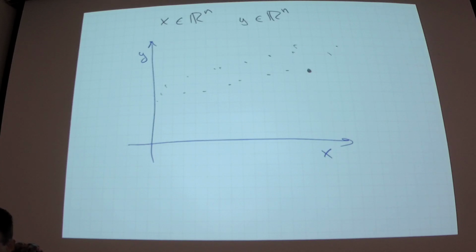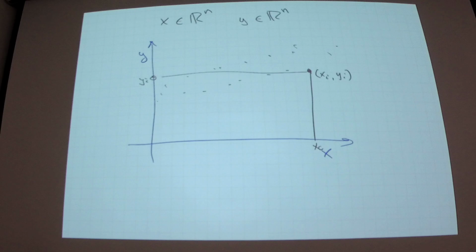So if this is some data point, this is xi, yi. This is one data point. This value here is xi, and this value here is yi, right? So it's a two-dimensional coordinate here, all right?